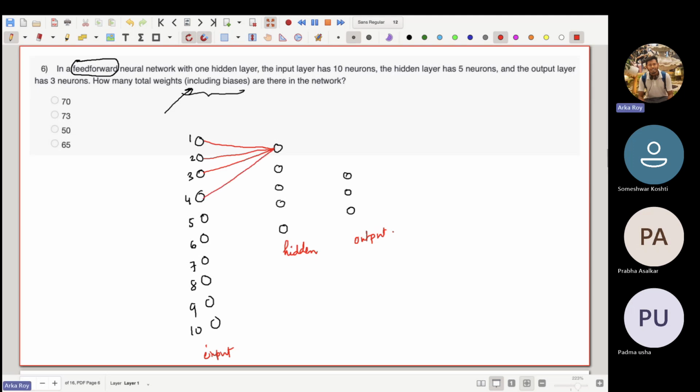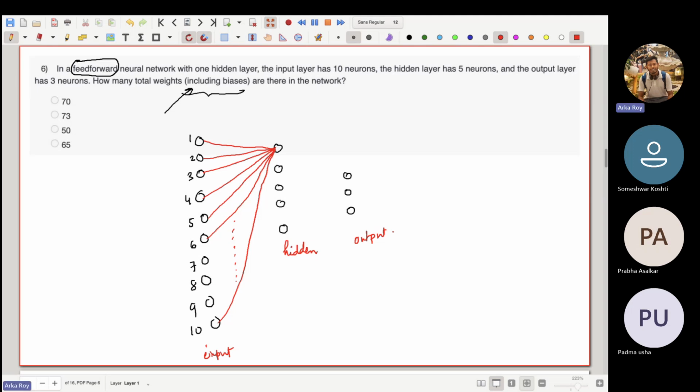So I can connect all the neurons from the previous layer with this one. So 7th, 8th, 9th, all are connected with this particular neuron.